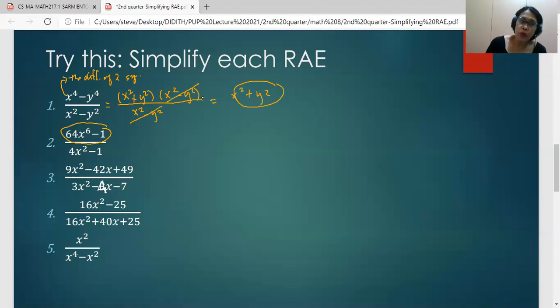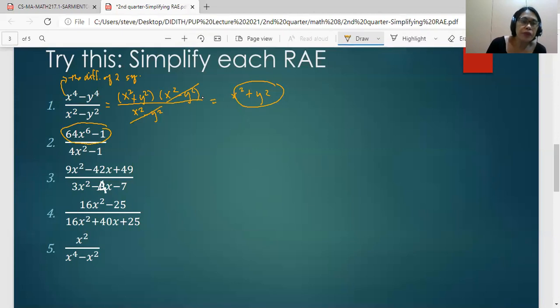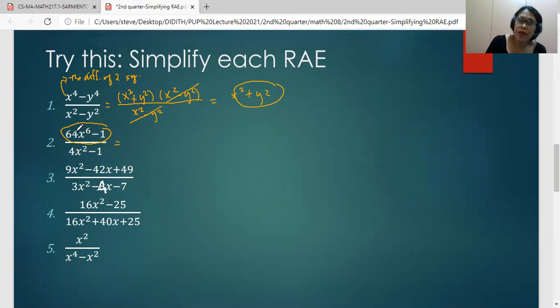So if that's what we're going to do first, we know that the factors of 64x to the 6 minus 1 using the difference of two cubes will be, we will extract the cube root of both terms here, and we will copy this subtraction operation. So we have 4x squared minus 1.